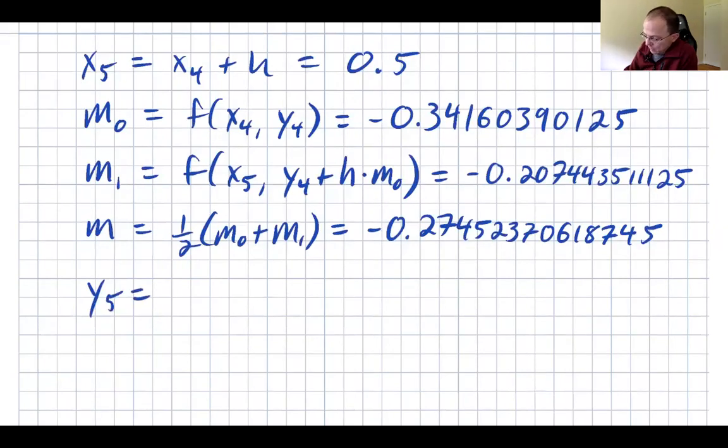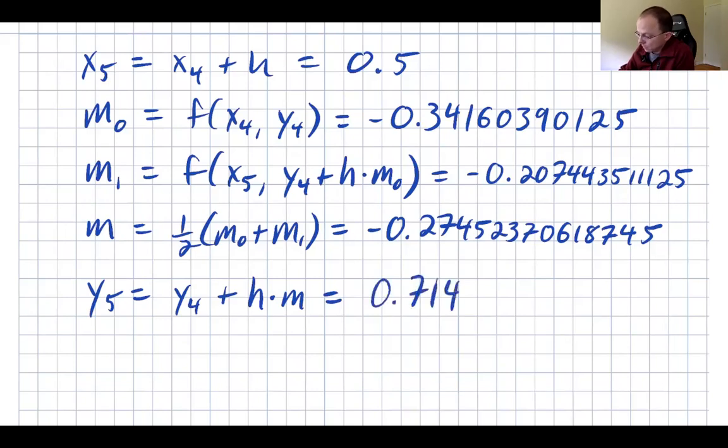And then finally, y5 is y4 plus h times m. Okay, and we get 0.711415306312.